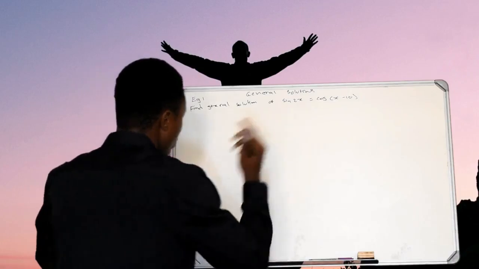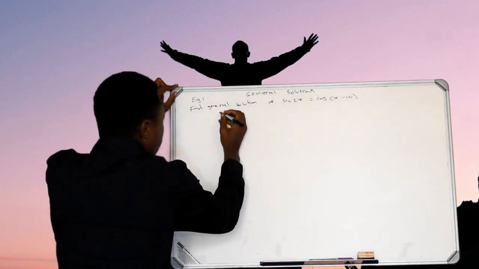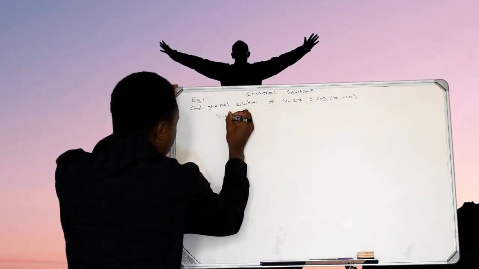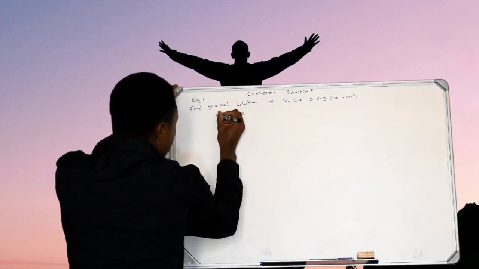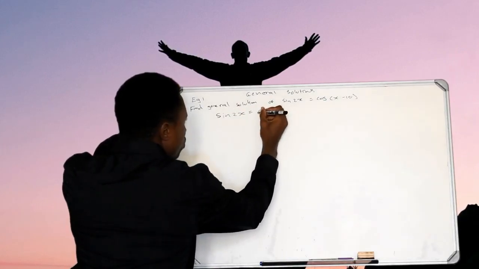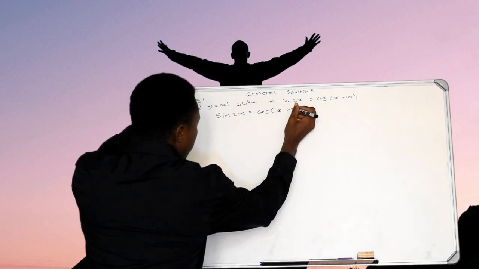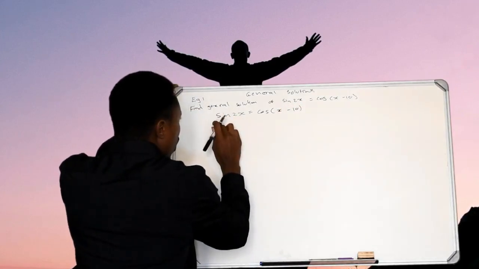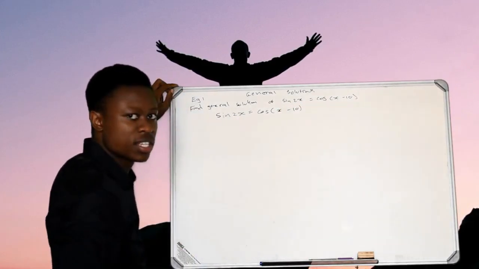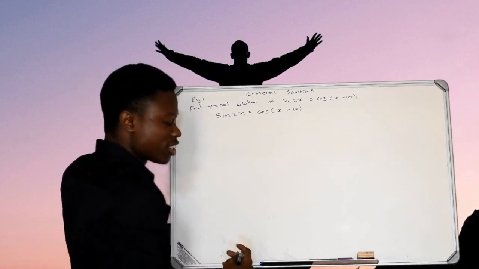So what would I do? This is how I'll write it. So sine 2x is equal to cos x minus 10, right? So I want to change this sine 2x into a co-ratio, into a cos. How do I do that?